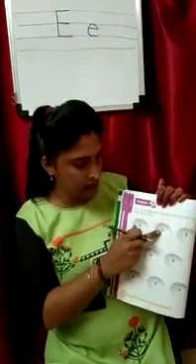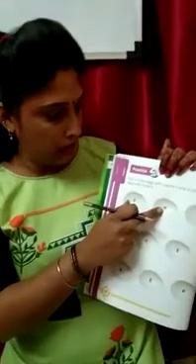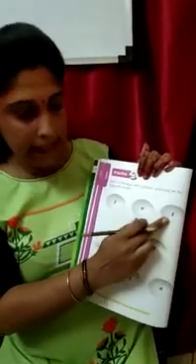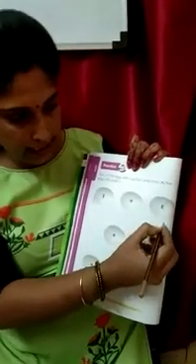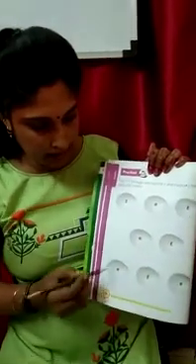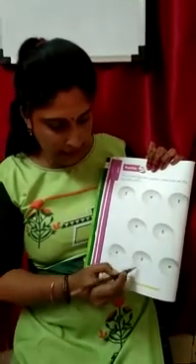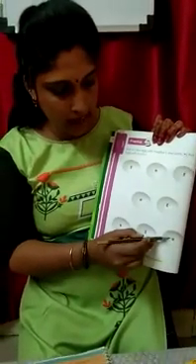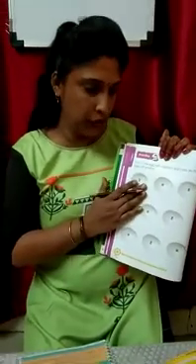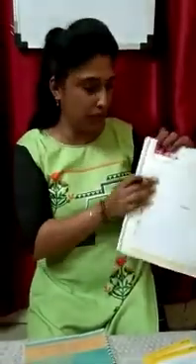And here is small e, so I will cross the egg. Capital E, tick, and small e, cross. Okay kids, this is your homework and practice also.